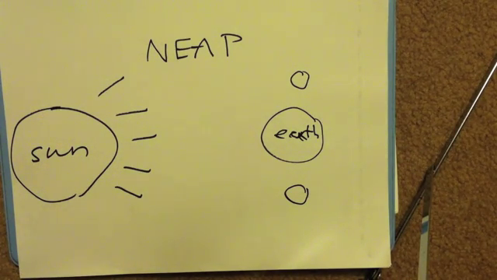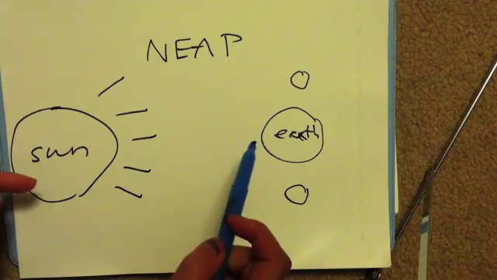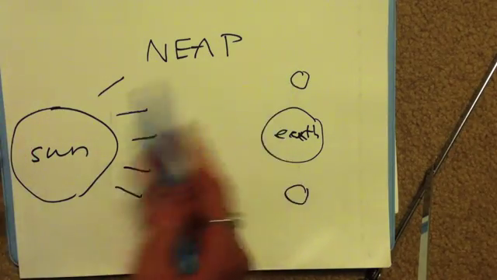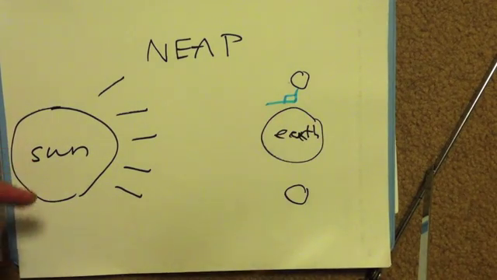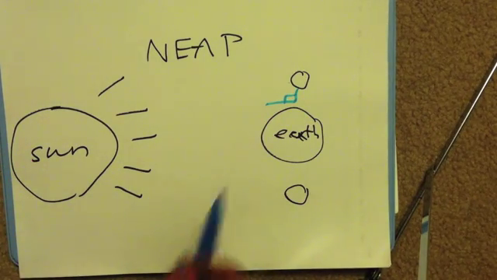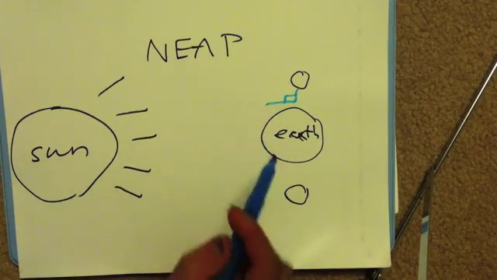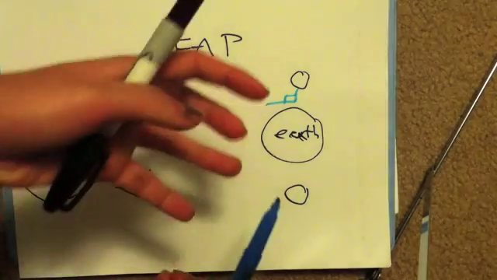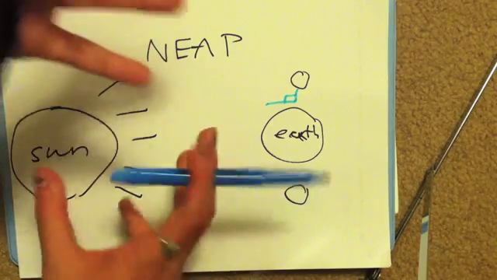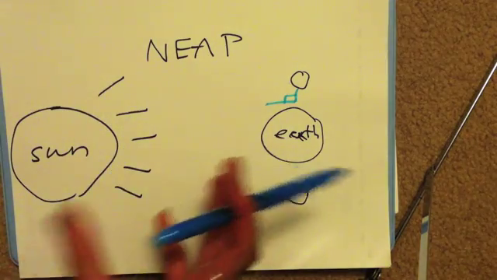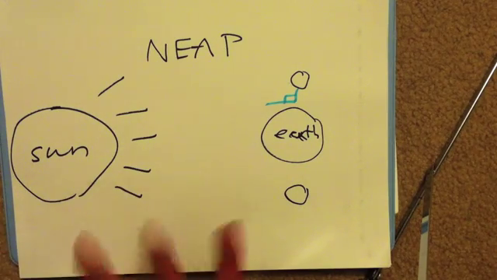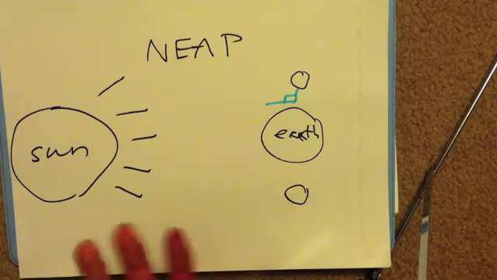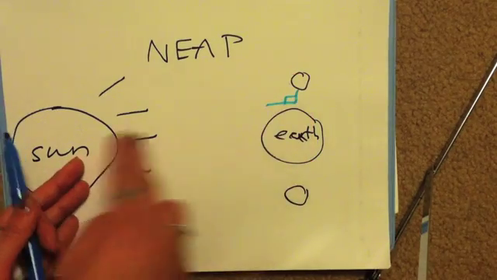It's not going to be the highest high and the lowest low because the moon and the sun are going to be at a 90-degree perpendicular angle. So unlike the spring tide, they're not all in line. The moon is pulling and the sun is also pulling. So it's not really pulling the tides one way clearly, and it's not creating a super intense high tide or low tide, again because they're not all in line.